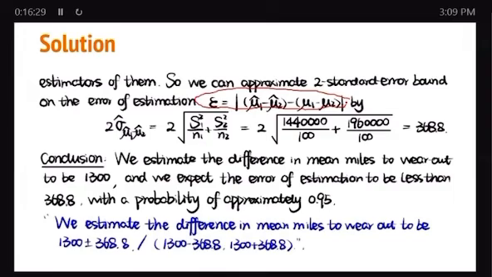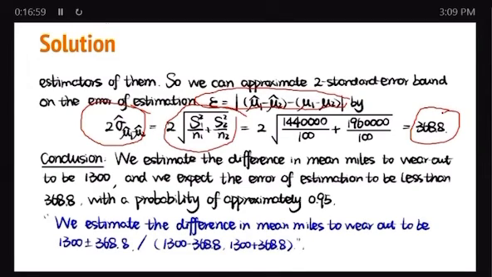The error bound is going to be the absolute value of the difference between the estimator and the true difference. Then my epsilon is going to be 2 multiplied by the standard deviation of the difference, which is this guy. Plugging that in, we got that guy out. We just figured out the error margin now.